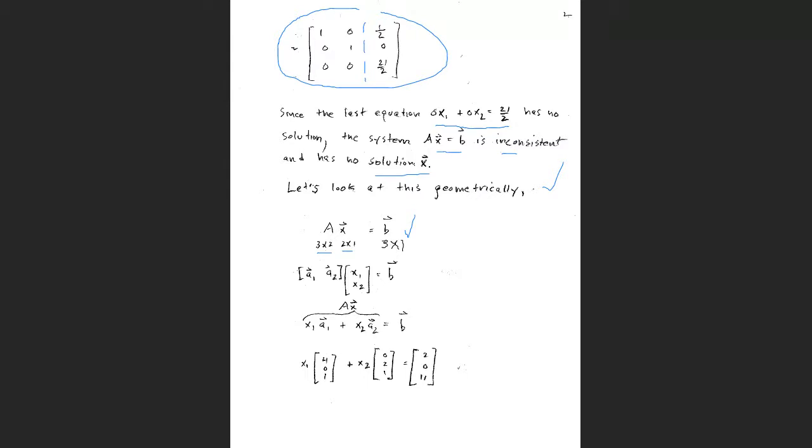And remember, you can express the matrix A times the vector X as a linear combination of the column vectors of the matrix A. So x1 times the column vector A1 and x2 times the column vector A2.